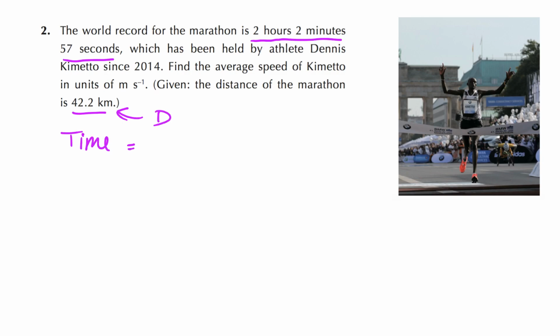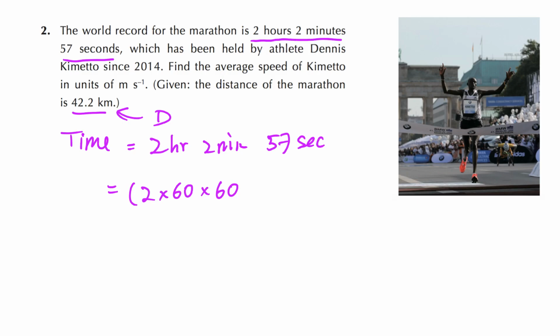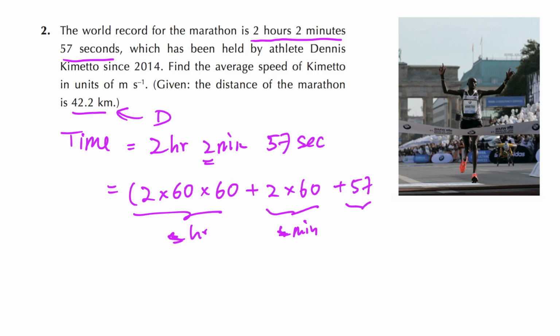If you convert into seconds, 2 hours 2 minutes and 57 seconds will equal 2 times 60 to convert to minutes, and then times 60 to convert into seconds, plus 2 minutes, 2 times 60, that will be the minute part, and then finally you have 57 seconds.